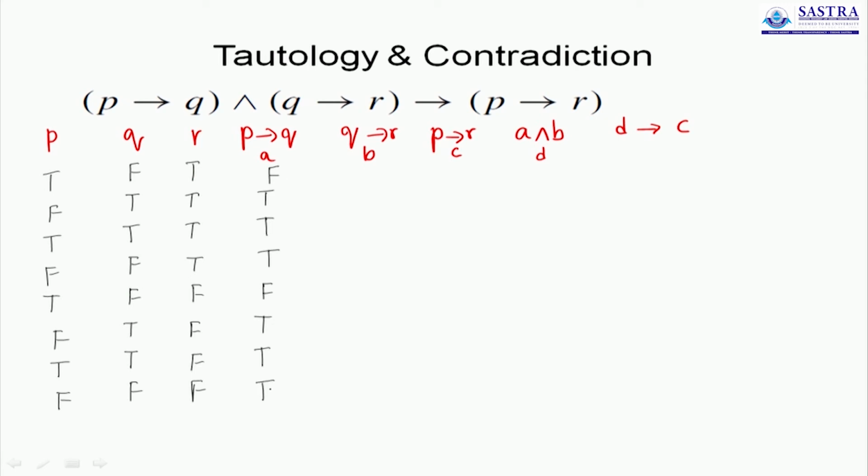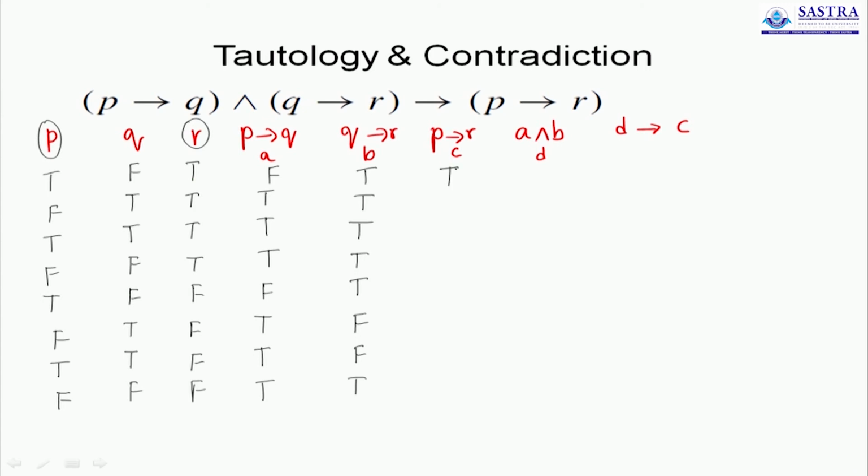Column 5 wants us to do a conditional between columns 2 and 3. So false and true is true, true and true is true, true and true is true, false and true is true again, true. Then you have two false values and the last one is a true. Now column 6 wants us to do a conditional between columns 1 and 3.